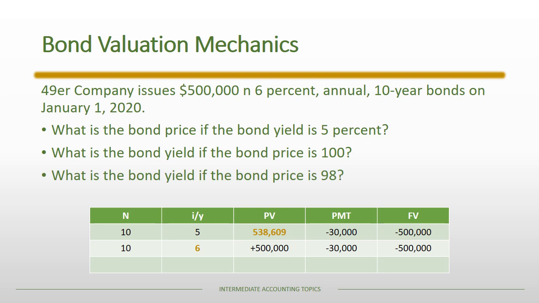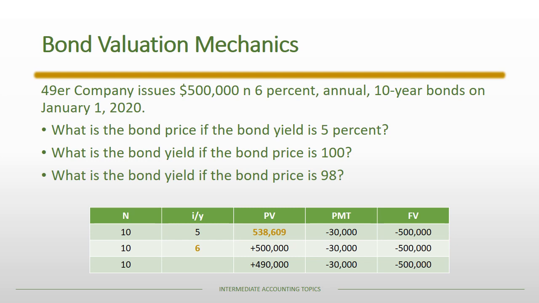And then finally, we have the situation: what is the bond yield if the bond price is 98? Again, 98 is quoted as a percent of par. So basically it means, what if the bond is issued at 98% of the par value? Just like the previous two situations, the N, the payment, and the FV are exactly the same. Now in this case, the price is 98% of par, which is $490,000.